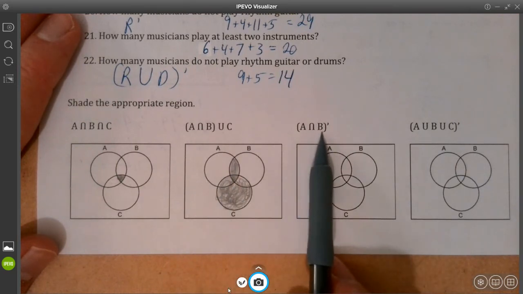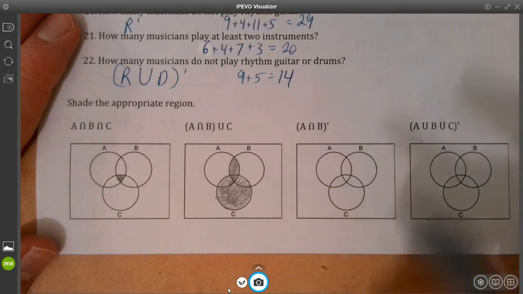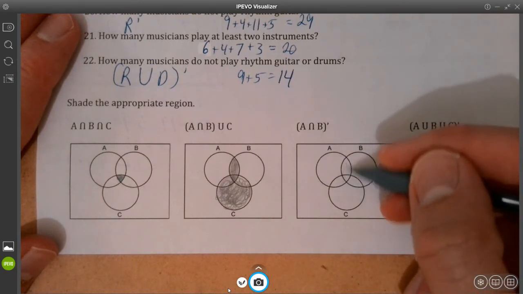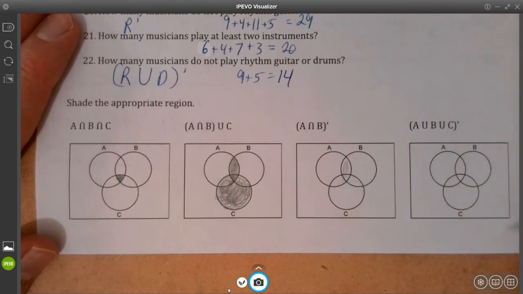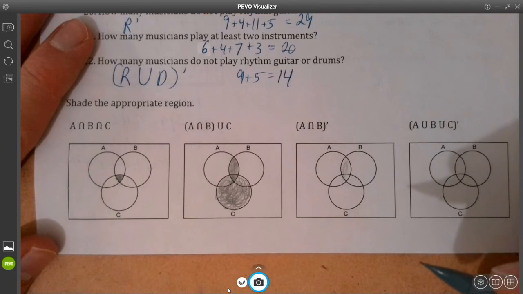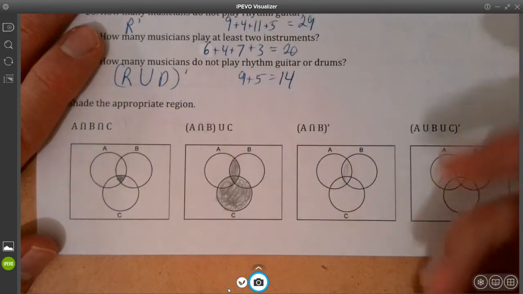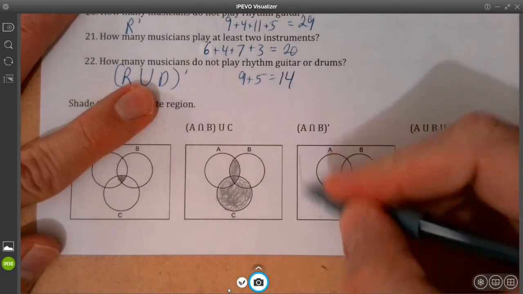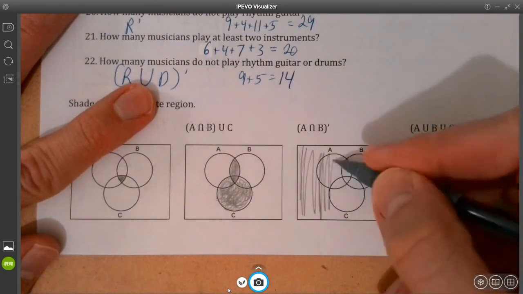Okay, A intersect B, which I think we already decided was this. I'm going to do this very lightly. It's this right here. But it's not this right here, because it's the apostrophe, so it's everything else. I mean everything else. So it's not what I just colored. It's everything outside of what I just colored. This is going to be disgusting, y'all.